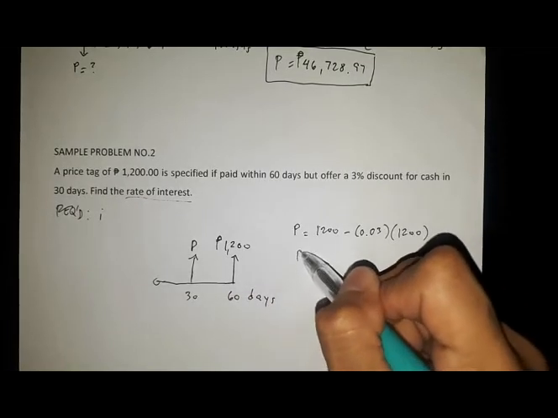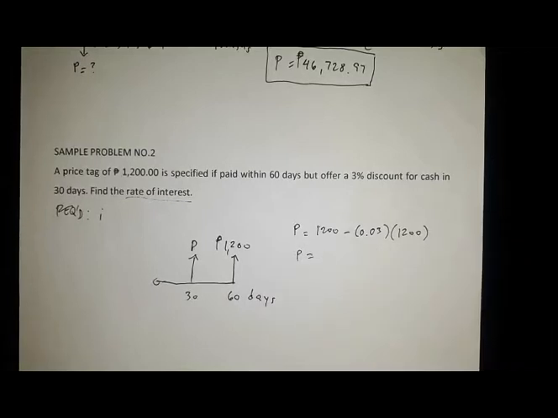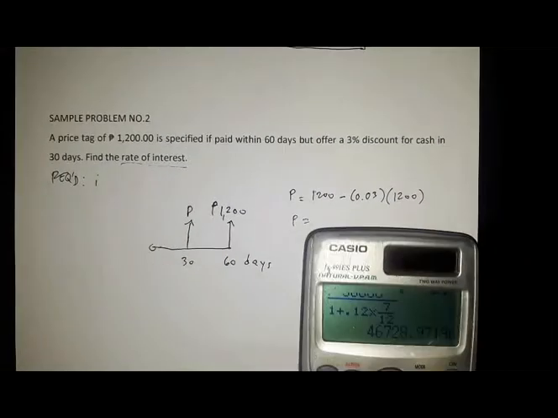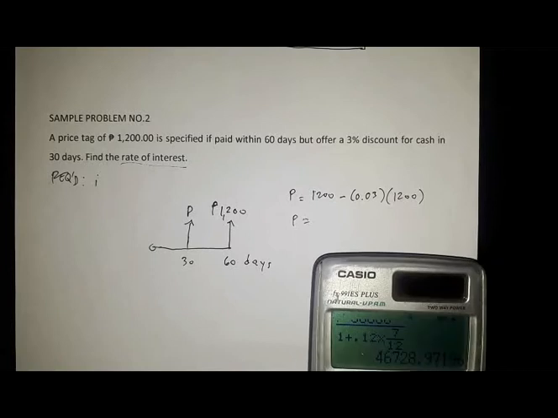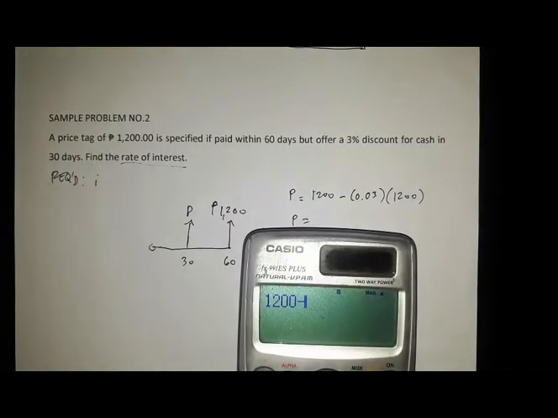You have your P equal to 1,200 minus 0.03 times 1,200.